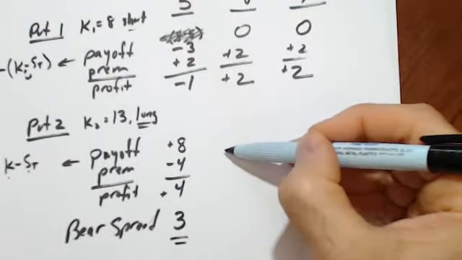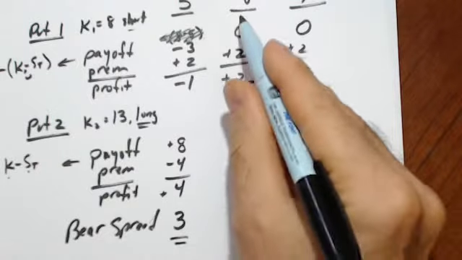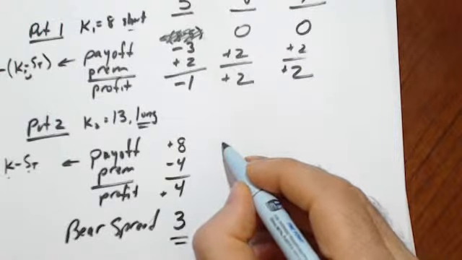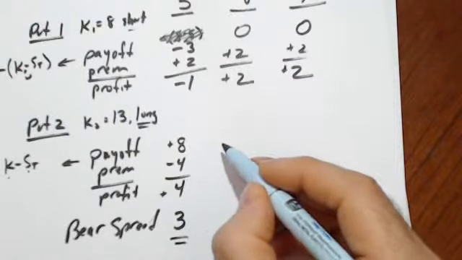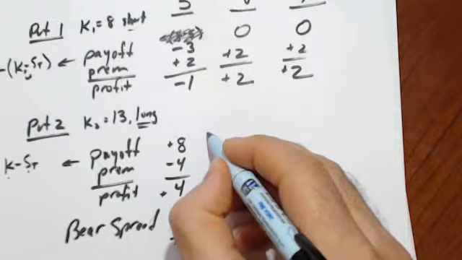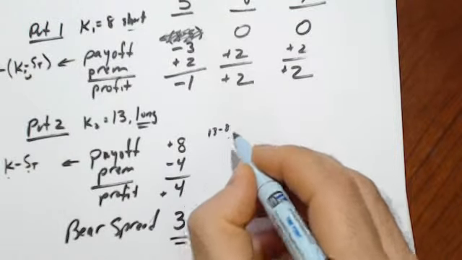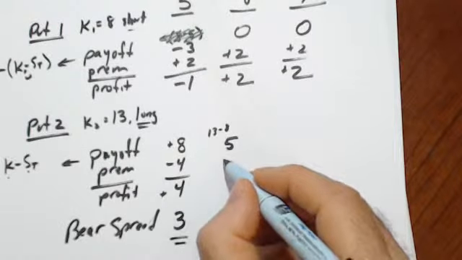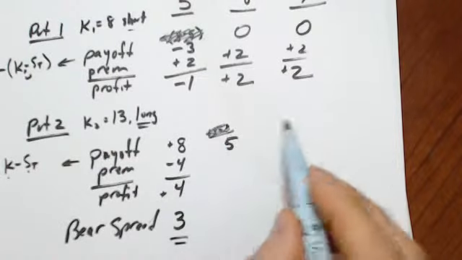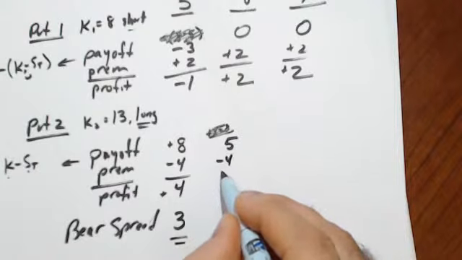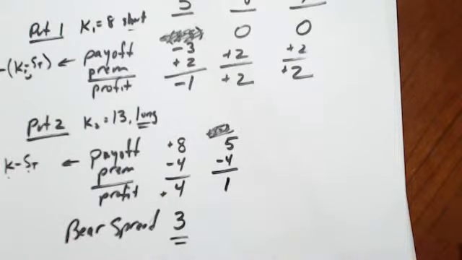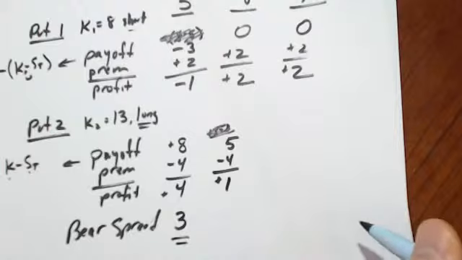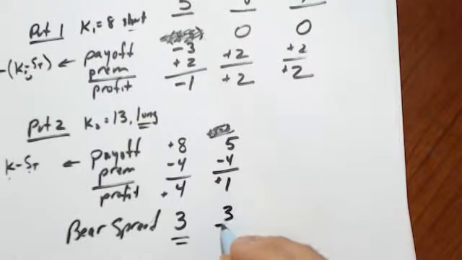Okay, now here we have at a stock price of 8, the payoff is going to be 13 minus 8, which will be 5. Erase that little thing, and then we have a premium that we paid of 4, so we made $1 on this particular put, and overall we made $3.